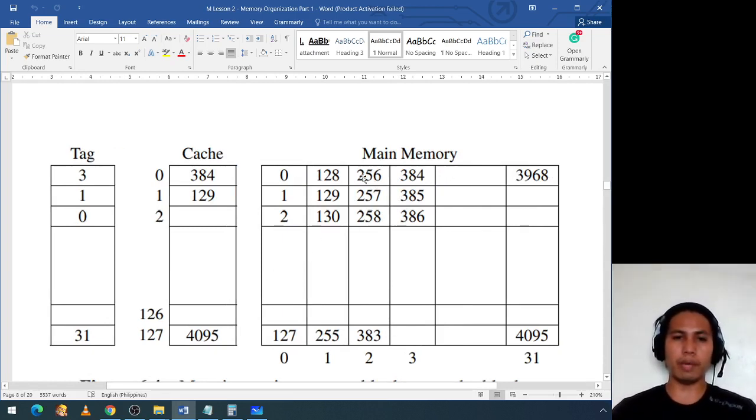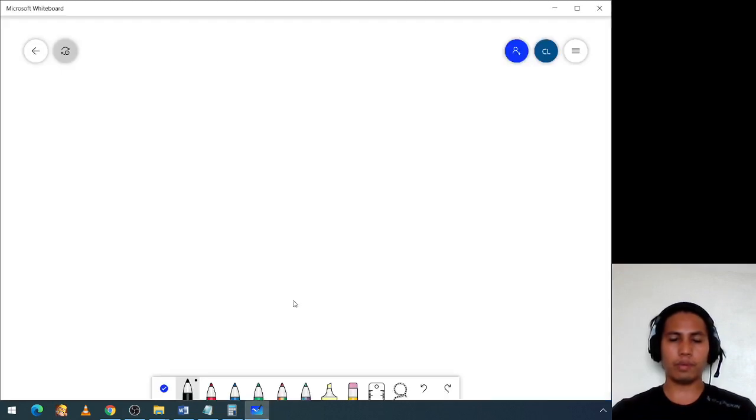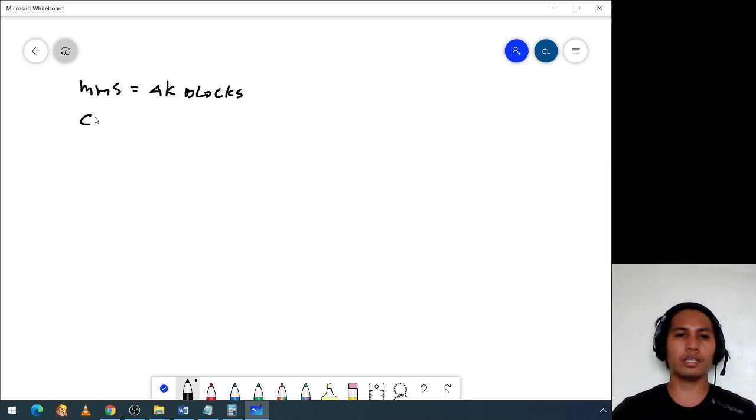So the main memory size is equal to 4K blocks, while cache memory size is 128 blocks. Of course, this is a block size of 16 words.